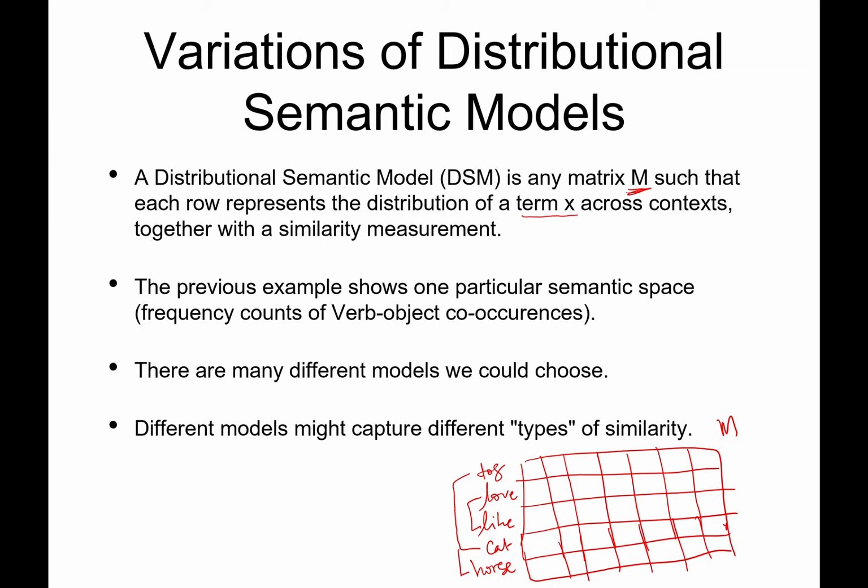So this solves my problem that we discussed. I don't remember if it was the first or the second video, because now if I have a training corpus that has seen I love dogs and has seen I like cats, and now in the test sentence it says I love horses, even if it has never seen horses before, by looking at these values here, which is what it is going to use to classify, they're going to be very similar to these, and so there is a high chance that our classification will be correct.